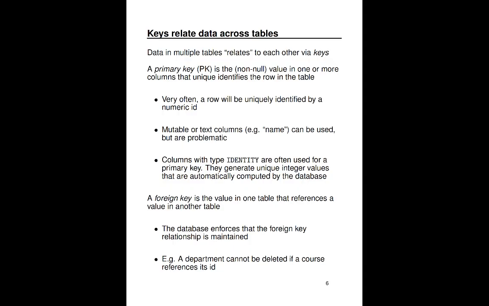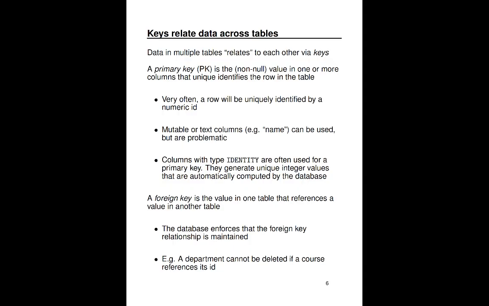A foreign key is a reference from one table to another table's primary key. The database system itself enforces that the foreign key relationship is maintained, meaning that if you're going to create a database row that has a foreign key that references a primary key of some other table, the database won't let you insert that row unless the foreign key, the primary key in the other table, exists.